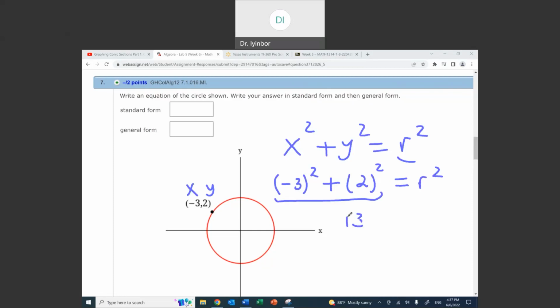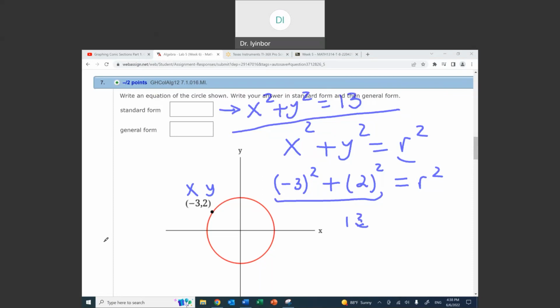So the answer in standard form is going to be x squared plus y squared equals 13. Now here you notice that I don't square 13 because it's already r squared is 13. Okay? So 13 is my radius squared already. So that's what I need to plug in here.